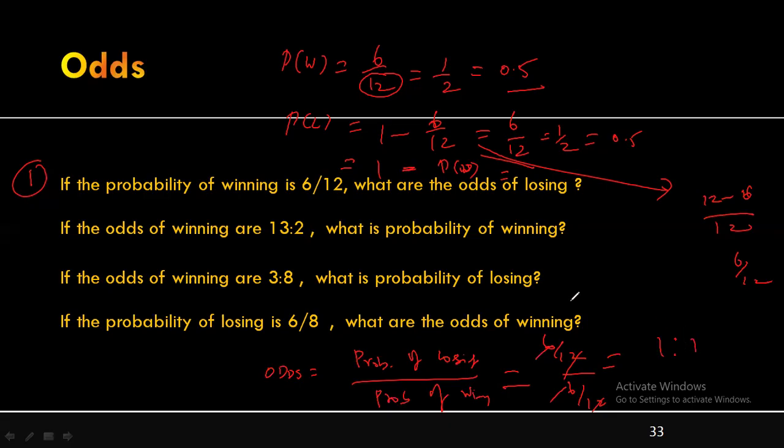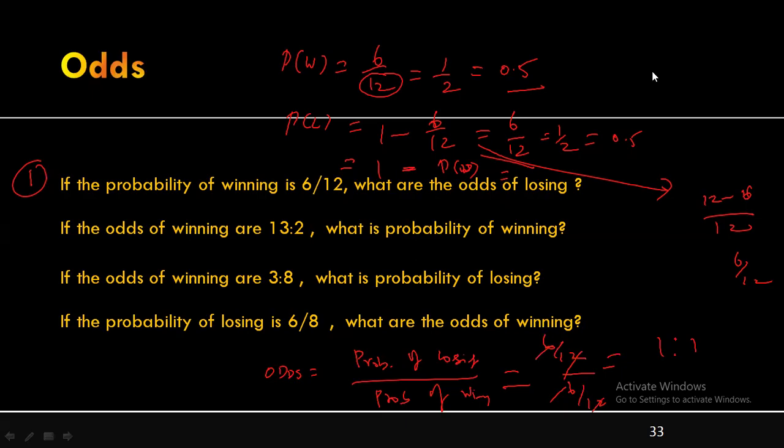So what does this say? 1 is to 1: for every one time I win, I also lose one time. This is called even odds, or 1 is to 1 odds, which means winning and losing are equally likely. So the answer for the odds of losing in this case is 1 is to 1.